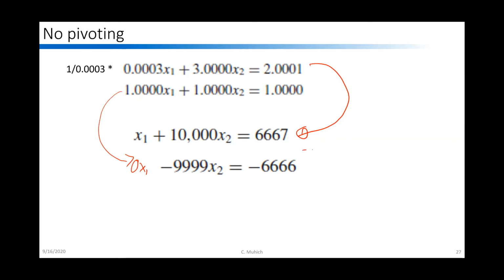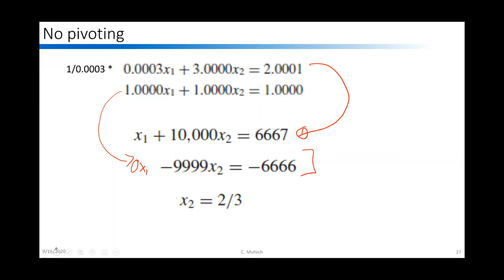Right? So this is that end result of my forward elimination. Now I'm ready for back substitution. So I'm going to divide 6,666 by negative 9,999, and we'll get x2 equals 2/3.